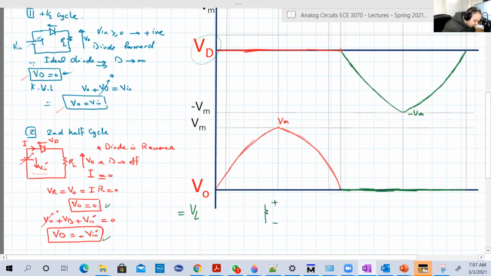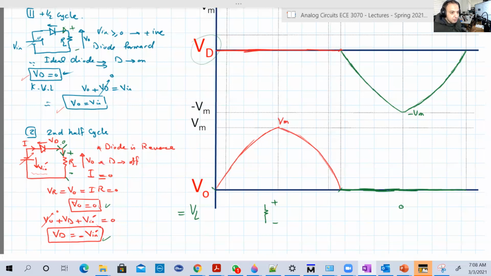This is the load, for example. You either have a current flowing in that way, or you don't. So in that half cycle, you will have a current flowing from this point to this point, and in the negative half cycle, or the second half cycle, this current will be 0. So you have either current flowing in one direction, or you don't have a current.